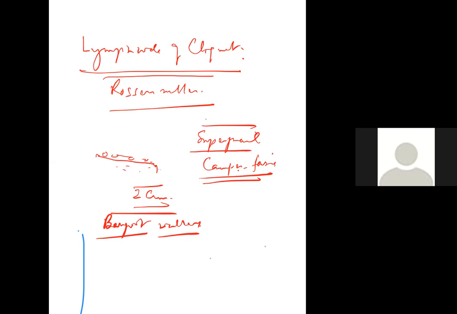So usually you remember 1, 1.5 and 2 centimeters. One is the cervical group of lymph nodes, 1.5 is the axillary group of lymph nodes, and 2 centimeters is the inguinal group of lymph nodes.